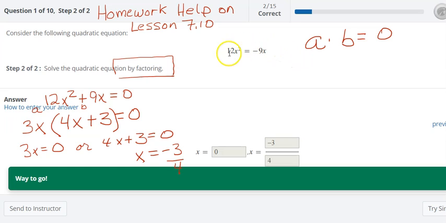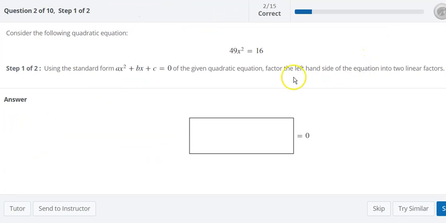So this is one of the kinds of examples that you're going to get. So as not to make this too long, this is a similar one. Put it in standard form. And again, they want you to factor it. So I'm going to do this one also. So this will be 49x squared minus 16 equals 0.